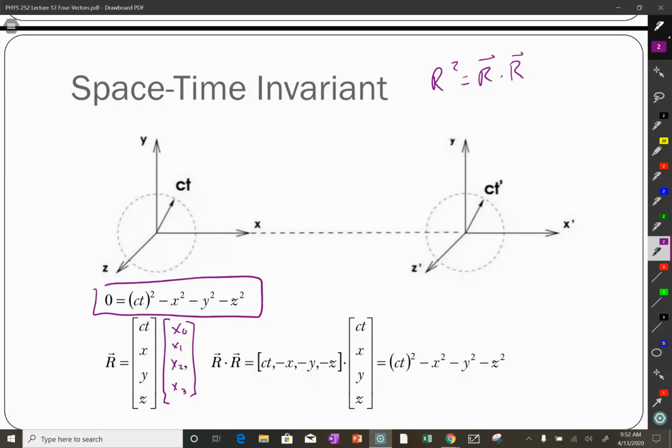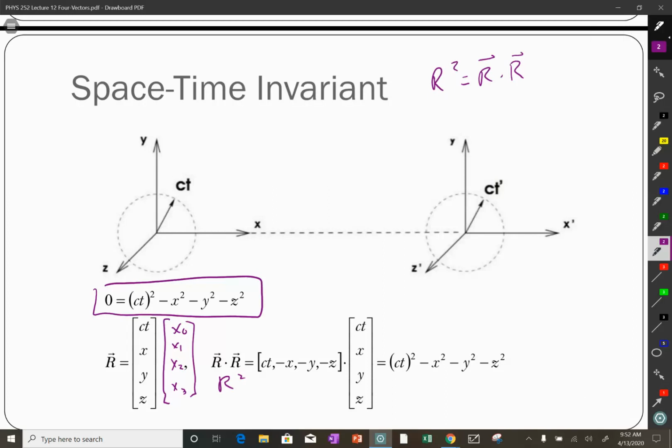What we do for the dot product is, notice I have the column vector, they were all positive. If I change it to a row vector, then the signs of the x, y, and z components flip, but the ct one, the x0, doesn't flip. And so if I take the dot product, r squared is equal to r dot r, it's this multiplication.